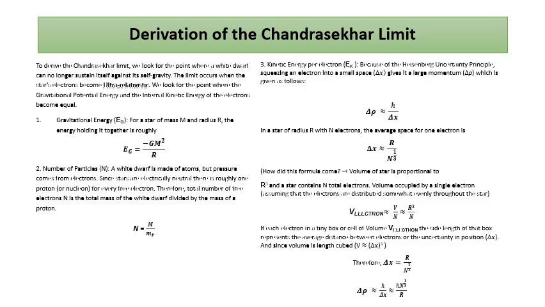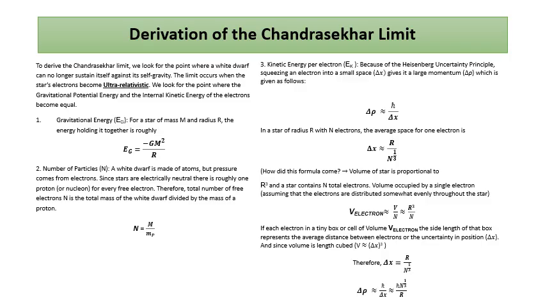To derive the Chandrasekhar limit, we look for a point where this white dwarf star can no longer sustain itself against its self-gravity. This limit occurs when the star's electrons become ultra-relativistic, that means approaching the speed of light. So we are going to look for the point where the gravitational potential energy and the internal kinetic energy of the electrons become equal.